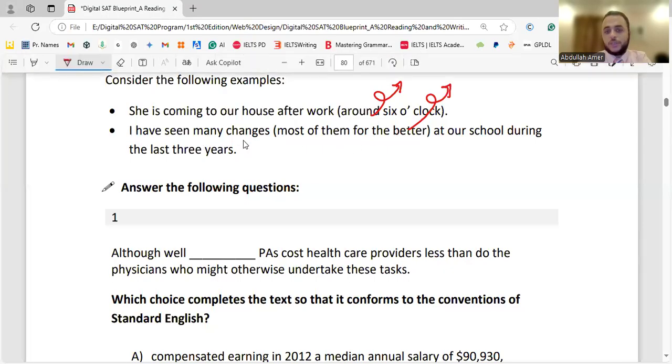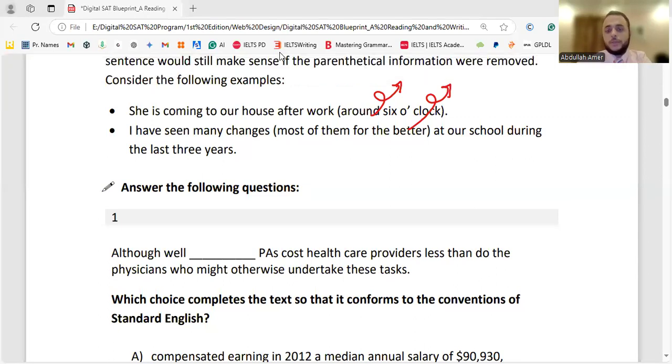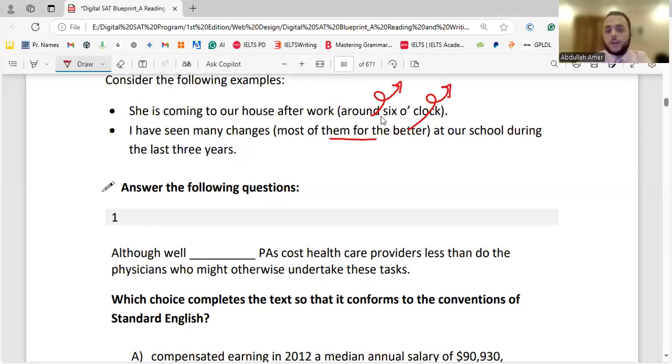I've seen many changes, most of them for the better, at our school during the last 3 years. Those parts are non-essential, can be taken away, and the sentence makes sense.